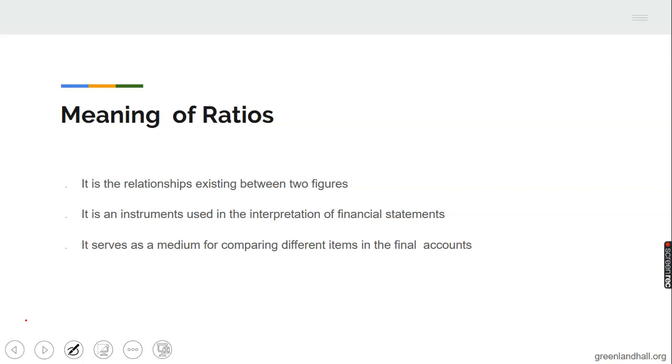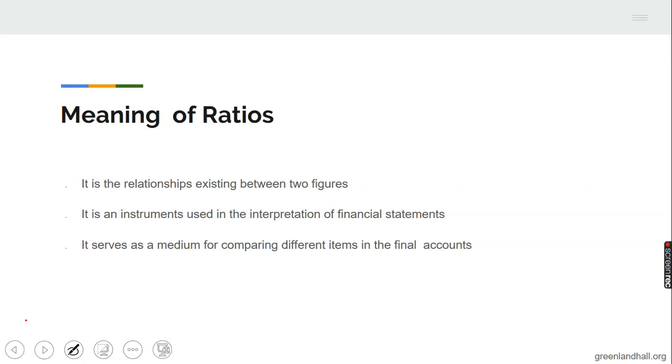So, from the information provided in the books of account, with ratios, it is possible to compare the performance of different items.